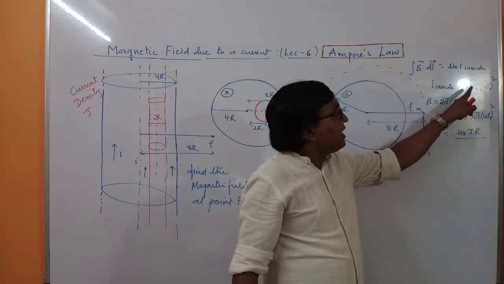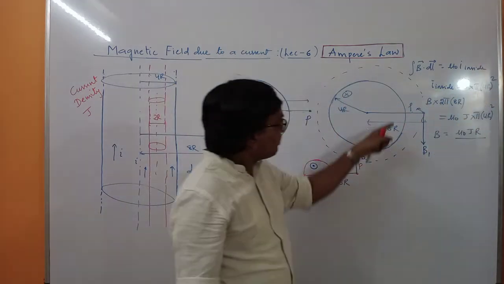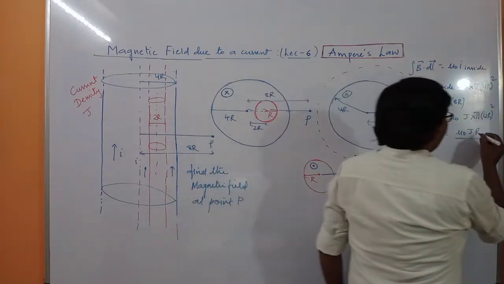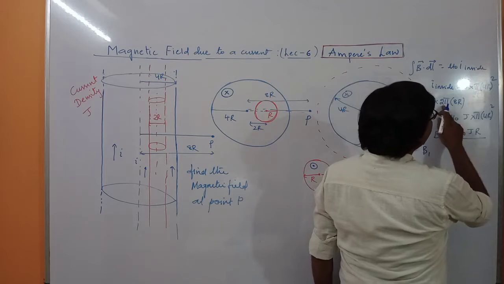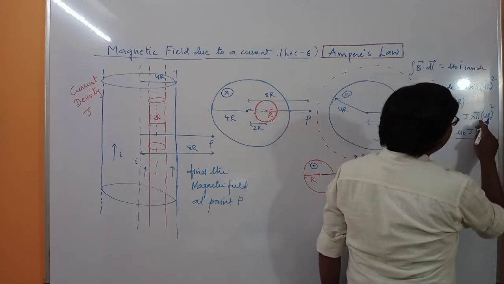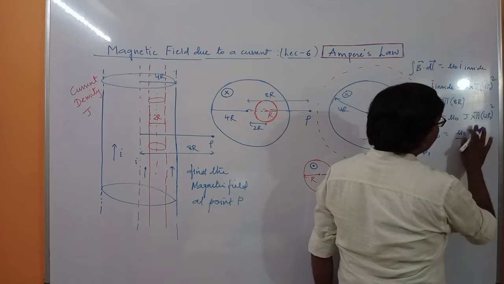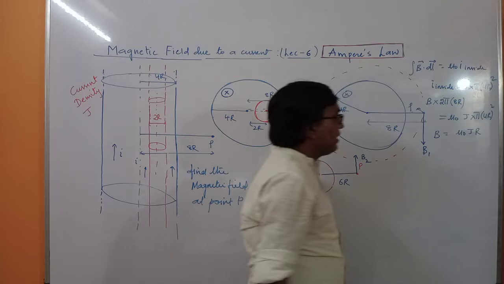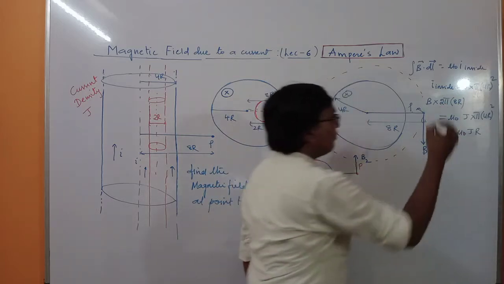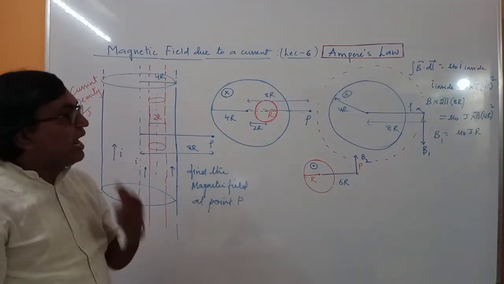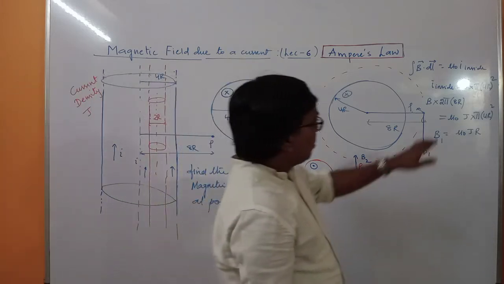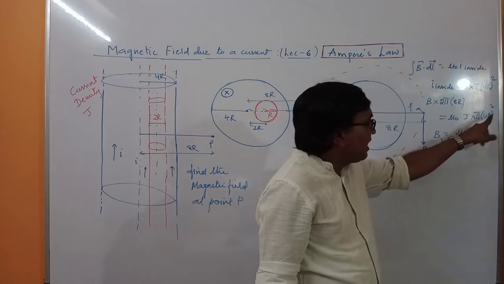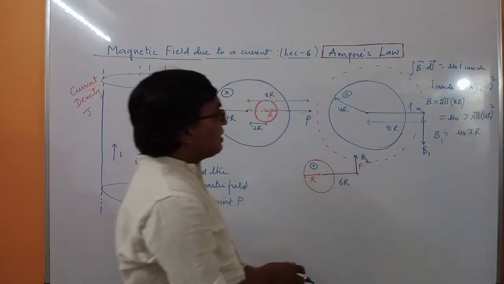So I inside is J into pi 4 r square. The radius is such that current is only through this. So mu naught J, here 16 pi r and here 16 pi r square. So the magnetic field B, that is B1, will be equal to mu naught J r divided by 16 pi r. So that is the magnetic field.